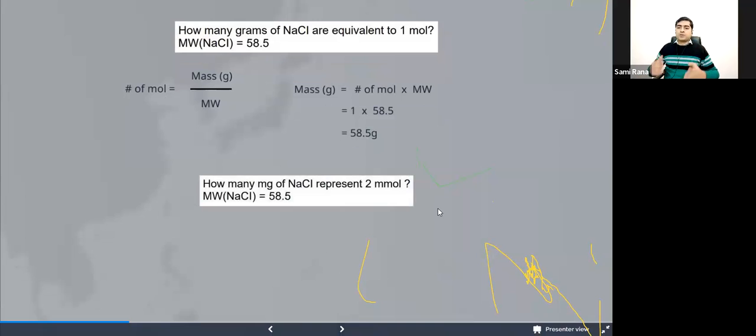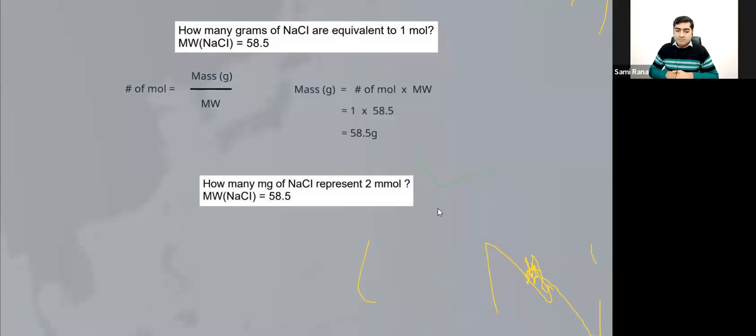Now there is a question for you guys. How many milligrams of NaCl represent 2 millimoles? Now we are talking about the milligram and millimole level. Without any formula, who is going to tell me?